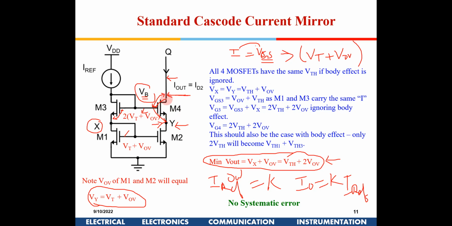So I have to reduce 1 VT with respect to the gate voltage to find out the minimum voltage required here. So it is 2 VT plus VOV, and I remove one more VT. That is the minimum voltage required here for this to be in saturation. So from 2 VT plus VOV, I remove 1 VT, so 1 VT will remain and 2 VOV will remain. Is it okay?